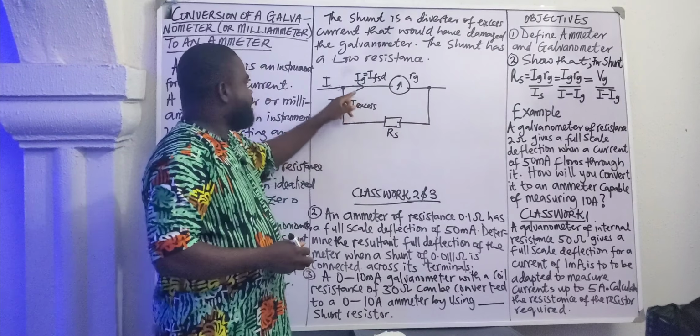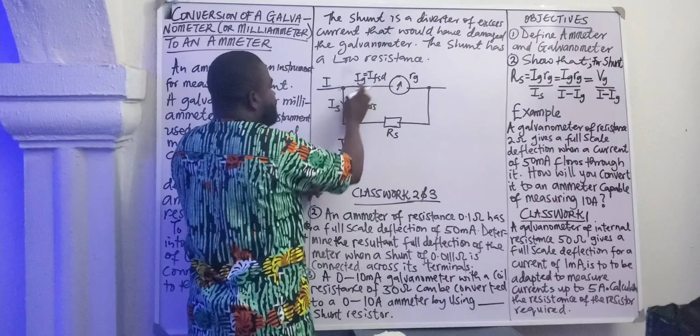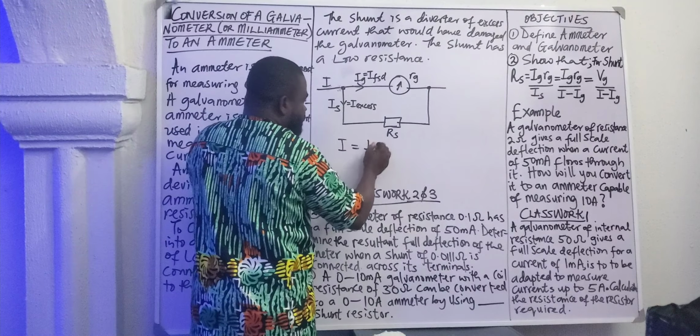So what will I do? At this node, at this junction, the current that enters that node is equal to the sum of the currents that leave that node, Ix plus Ig. This is according to Kirchhoff's current law. What does it say?